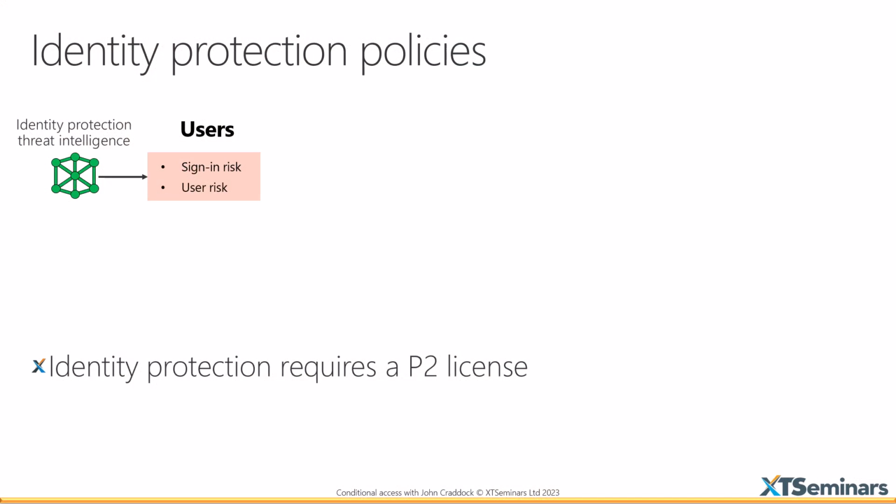If you want to respond to sign-in risk and user risk, you'll need a P2 license, which will give you Azure AD Identity Protection. Now, Microsoft have their threat intelligence, and their threat intelligence works over the whole of their identity real estate.